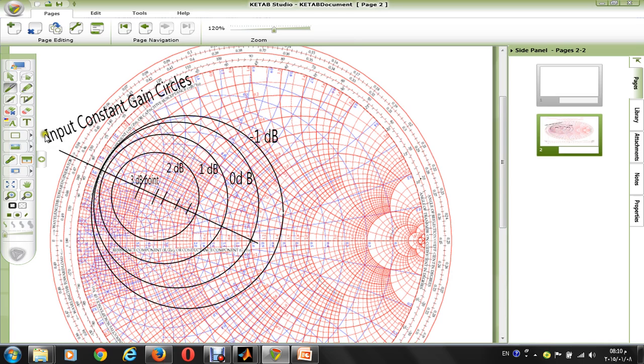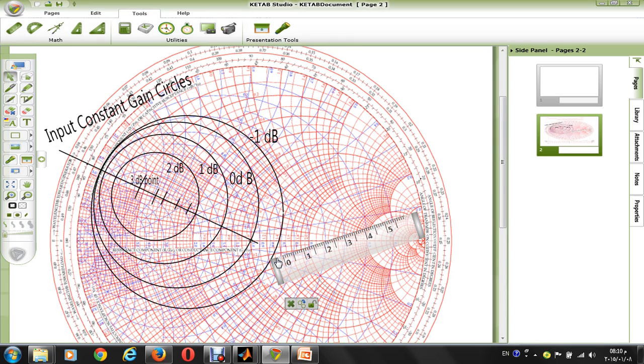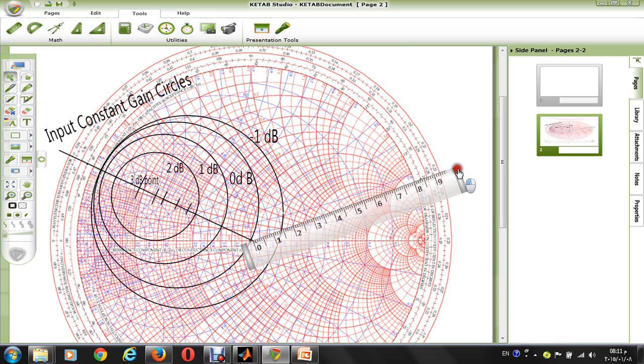I mark the angle. Now I go to tools. I take the ruler and same from the origin. Here it is. Okay. To the angle of 20. It is at the origin.